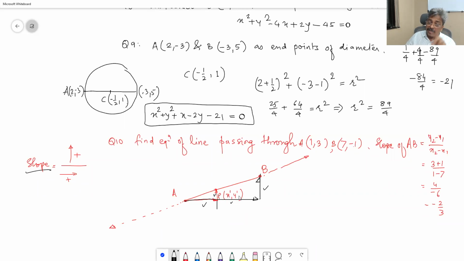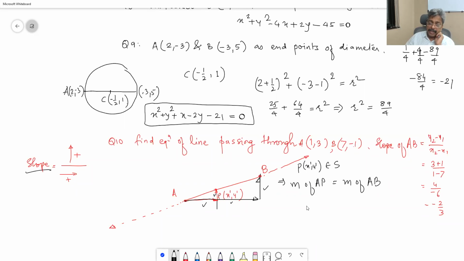Therefore, if P (x dash, y dash) is any general point on the required line, our locus problem says first statement, P (x dash, y dash) belongs to the desired locus S. Then the geometric condition: slope of AP is equal to slope of AB.